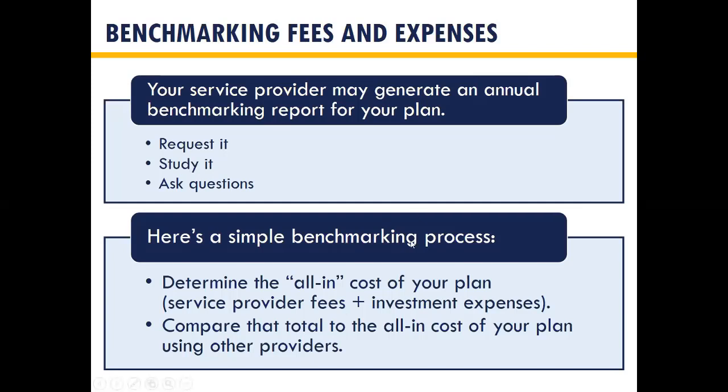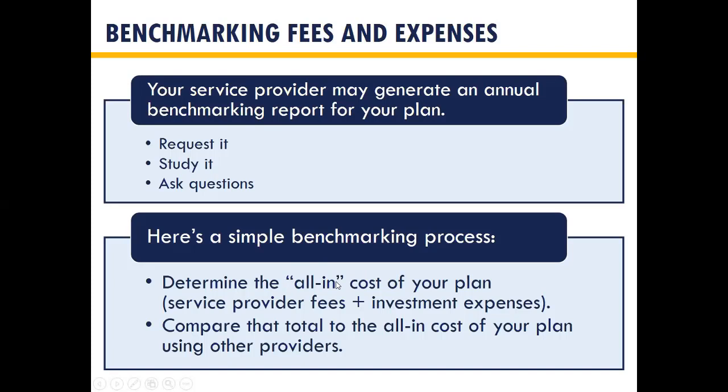And a simple benchmarking process is for you to determine the all-in cost of your plan. So if some of the fees you write a check for, you pay by invoice, maybe to your third-party administrator, for example. And if other fees are debited out of the plan assets, what you should do is, based on the total balance of your plan, divide the dollars spent and come up with a percentage that you're paying for each of those services. Add all of them up to determine what we call the all-in cost.